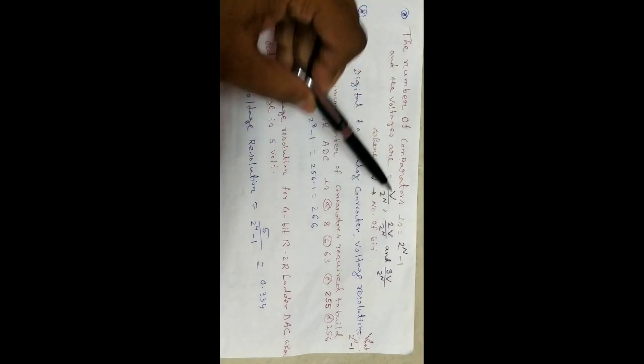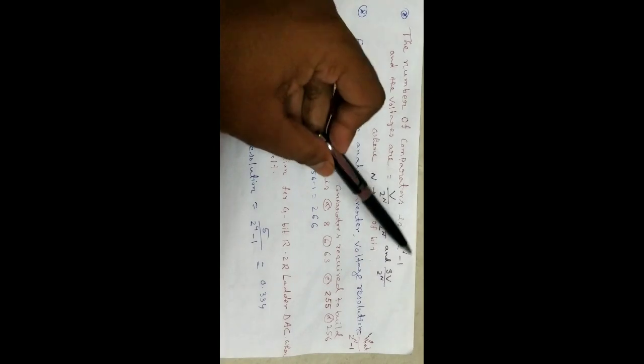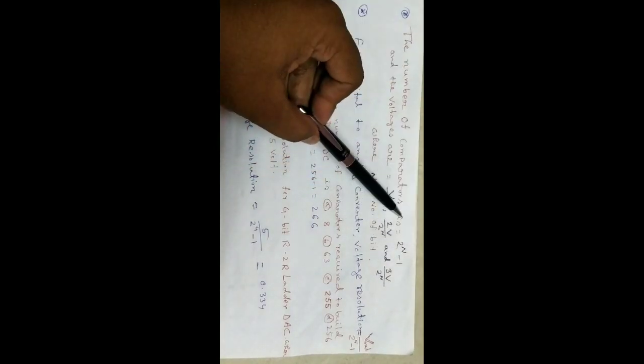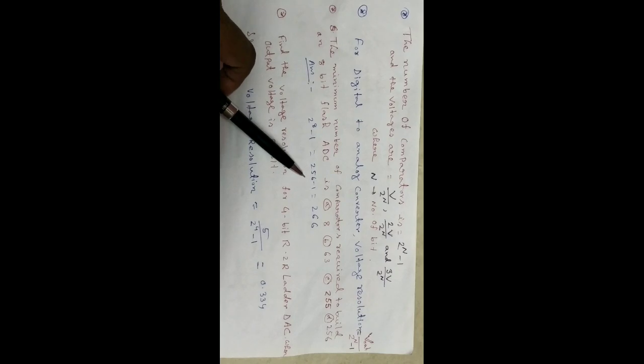If you calculate this problem using theory, it will be difficult, but if you use this short rule, the number of comparators is 2 to the power n minus 1, where n is the number of bits. Here the number of bits is 8, so directly use 2 to the power 8 minus 1, equal to 256 minus 1, equal to 255.